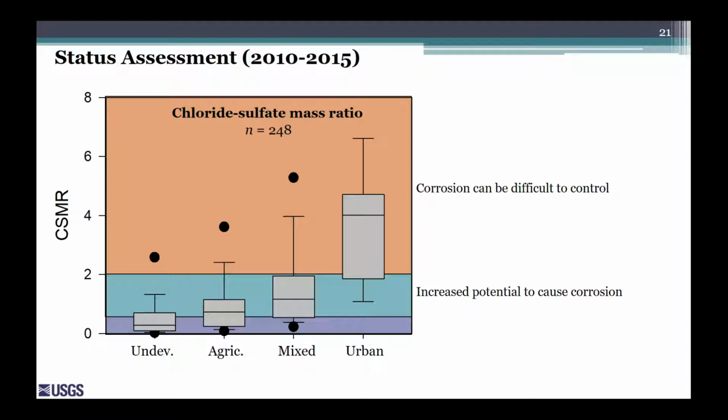And so this does point to a very important difference in the more urbanized areas versus not, in the sense that they tend to have higher chloride concentrations, and those concentrations are increasing fairly rapidly, and they're leading to greater overall corrosivity in those waters, or potential corrosivity.